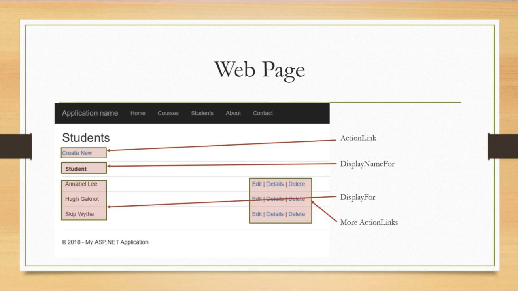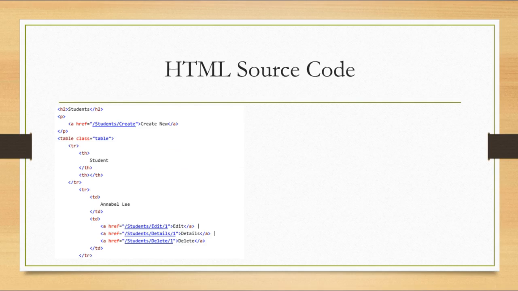So let's look at the HTML source code. So here's the HTML source code that is generated from our MVC page. Here's our action link, which creates an anchor tag, which is a link to the students create action with the phrase "create new" on it.